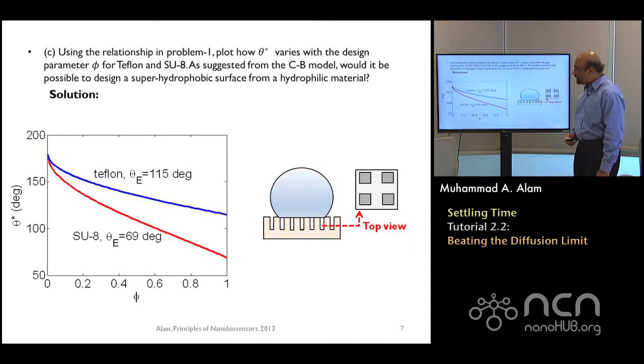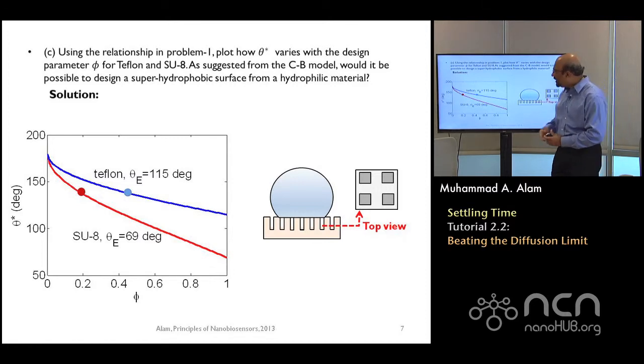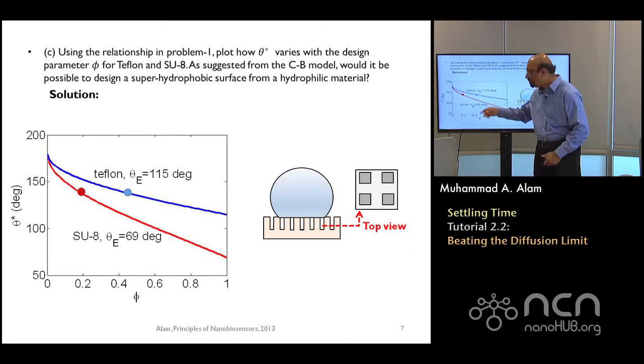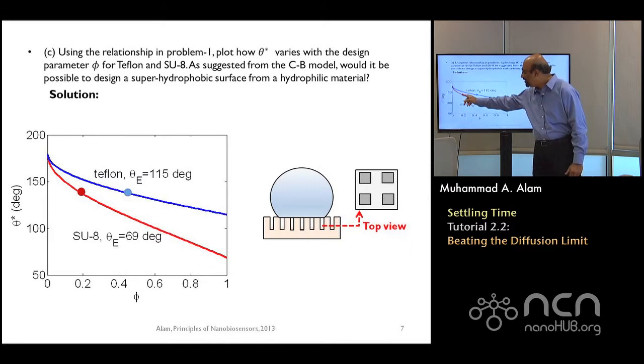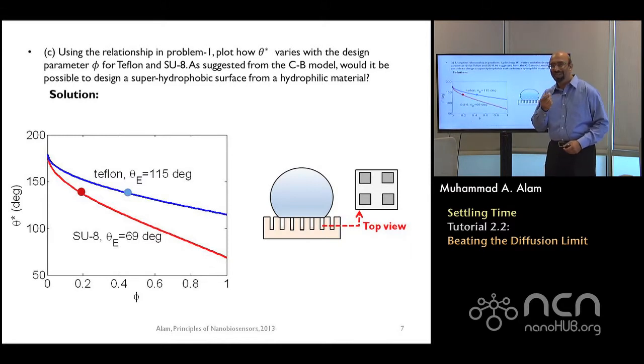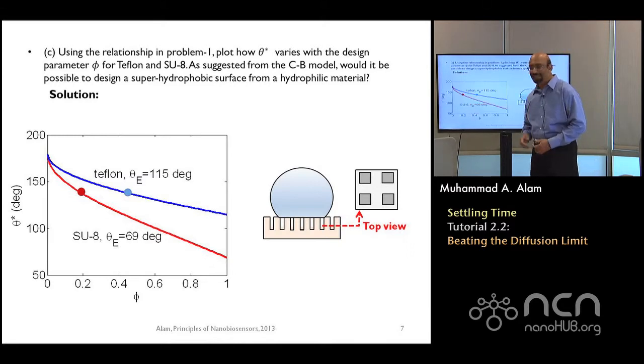Now, the question is, at what point will things become super hydrophobic? Let's say super hydrophobic means 145 degrees, really balled up. You can see that for Teflon with 40%, roughly half corrugation, it can get there. But with ACO8, you are left with only 20% of this material in order to get there.